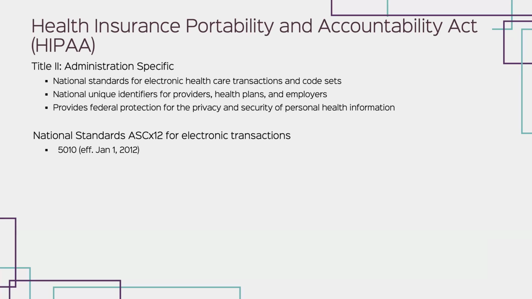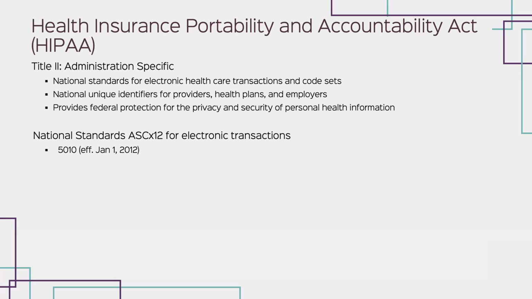So administrative simplification will address national standards for electronic transactions and their code sets. It will establish unique identifiers to providers, health plans, and employers to be used nationally. And then it also provides federal protection for the privacy of personal health information.